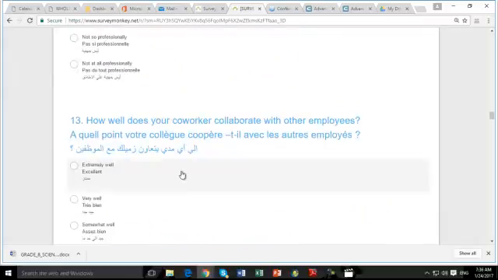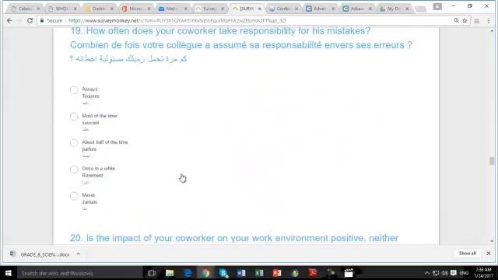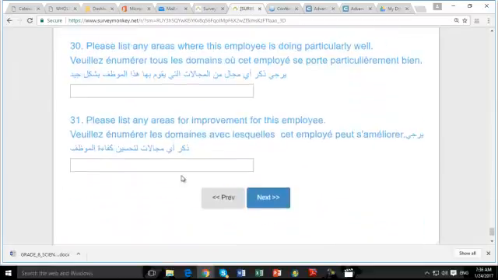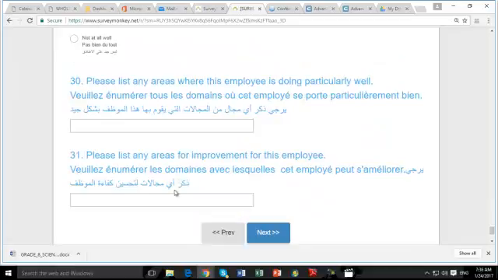Once you complete, there is a last question in every survey that needs you to give constructive feedback, where you will provide information on how that employee or how that colleague of yours needs to improve. It is important that you provide specific and constructive feedback at this point.